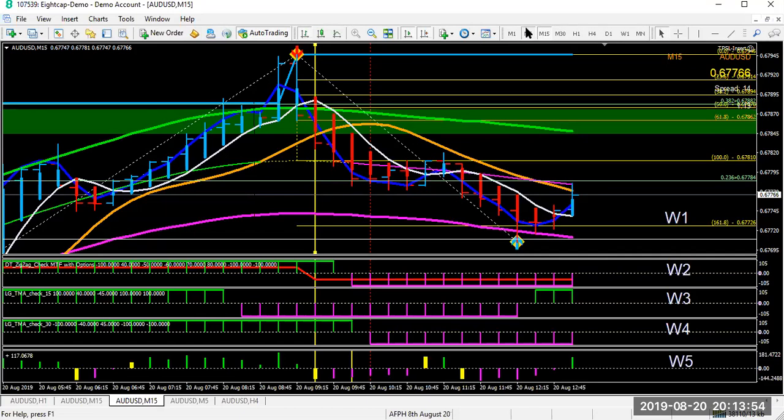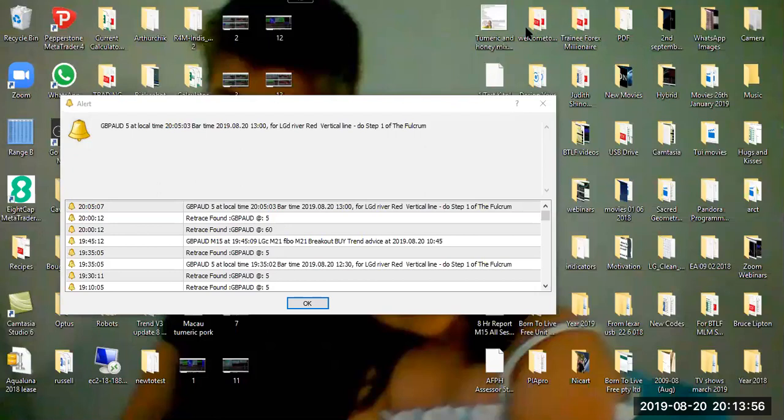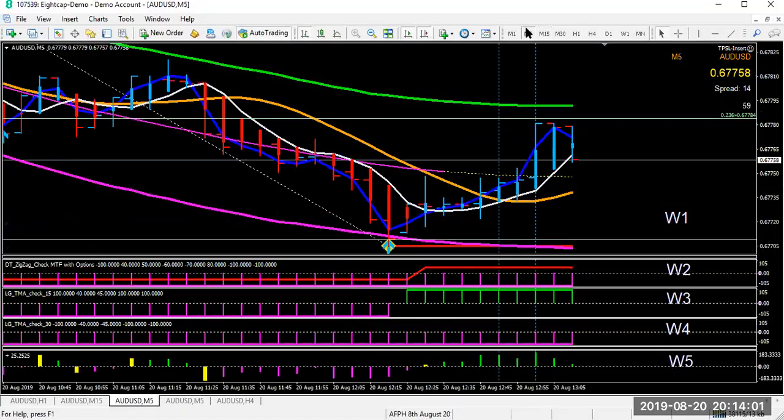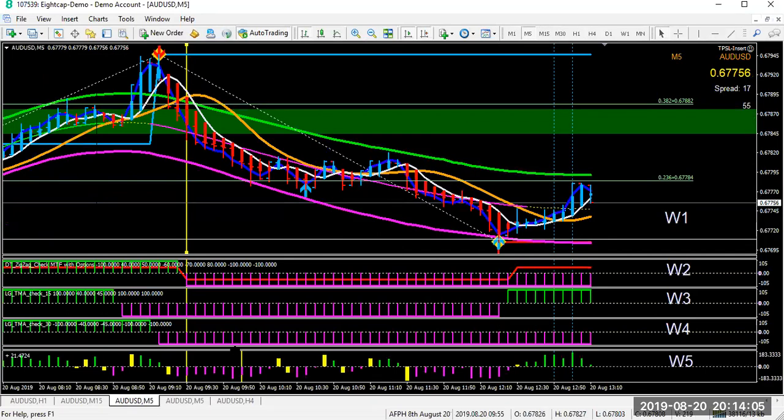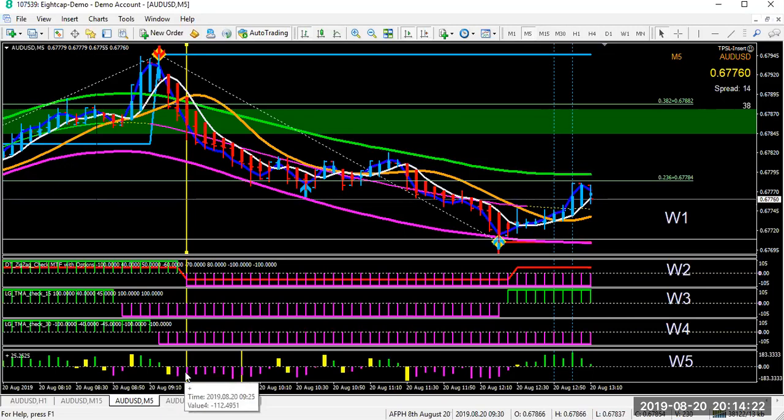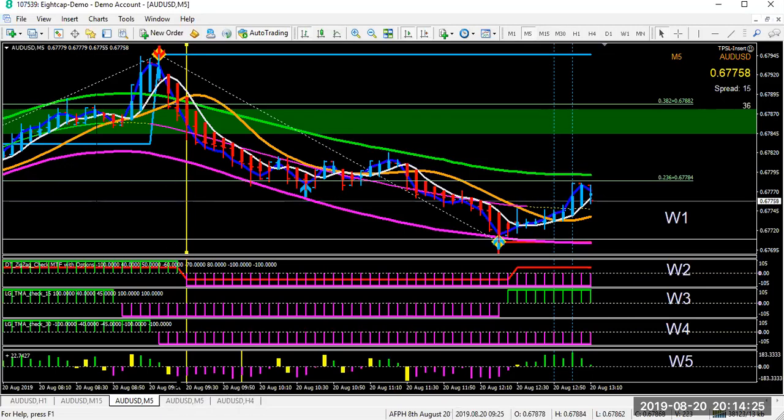And then we'll drop down to the 5, and you can see pretty much when these alerts come, it doesn't only tell you about the current time frame chart that it's in, but also if it's happening in the 30, we should actually be able to see it. And here you can see that same vertical line beginning at the 30-minute. On the 5-minute, it's already had the yellow histogram, the alert, and 2 candles in here. Okay.